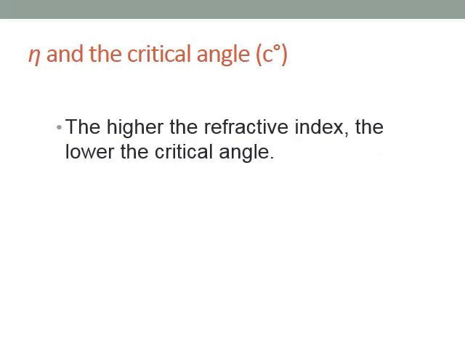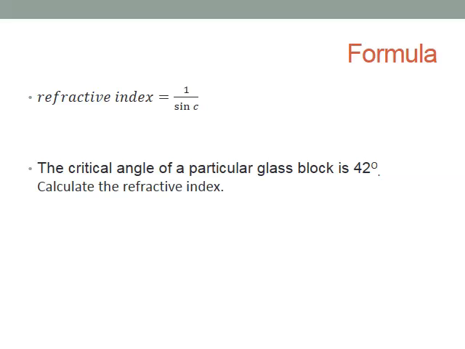And if you remember, the refractive index is a measure of how much a material refracts light. The higher the refractive index, the more it refracts light, and the lower the critical angle. So you can modify what that critical angle will be. And there's a lovely formula we've got to know: refractive index equals 1 divided by sine of the critical angle.